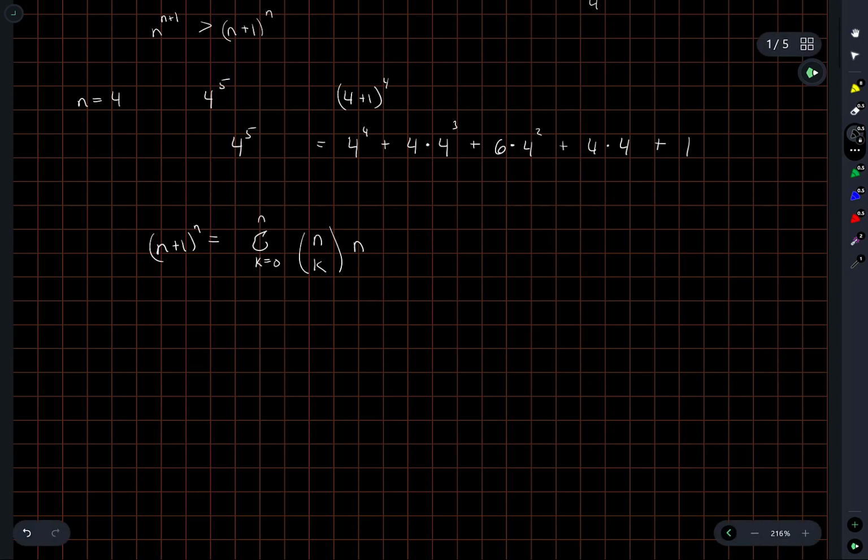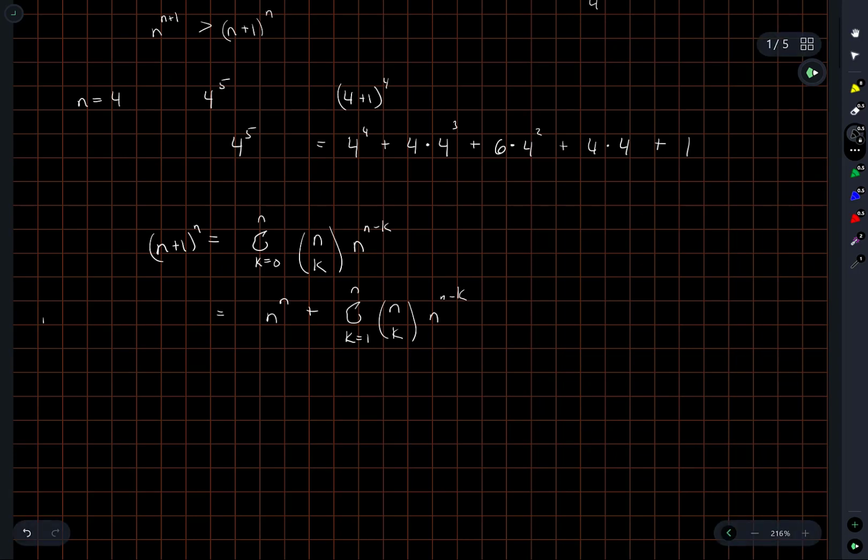I suppose the way I've written this is actually n minus k, which is n to the n plus this sum, k goes from 1 to n, n choose k of n to the n minus k.